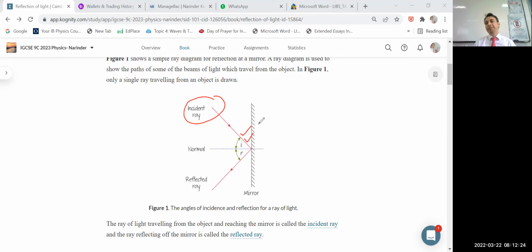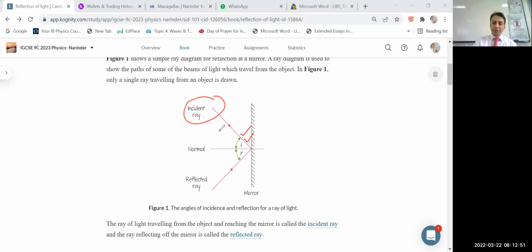The second point: when it strikes the surface of a mirror, it reflects back, it bounces back in the same medium and changes direction. So here you can see the light will be reflected with the same angle as it is incident on the surface.